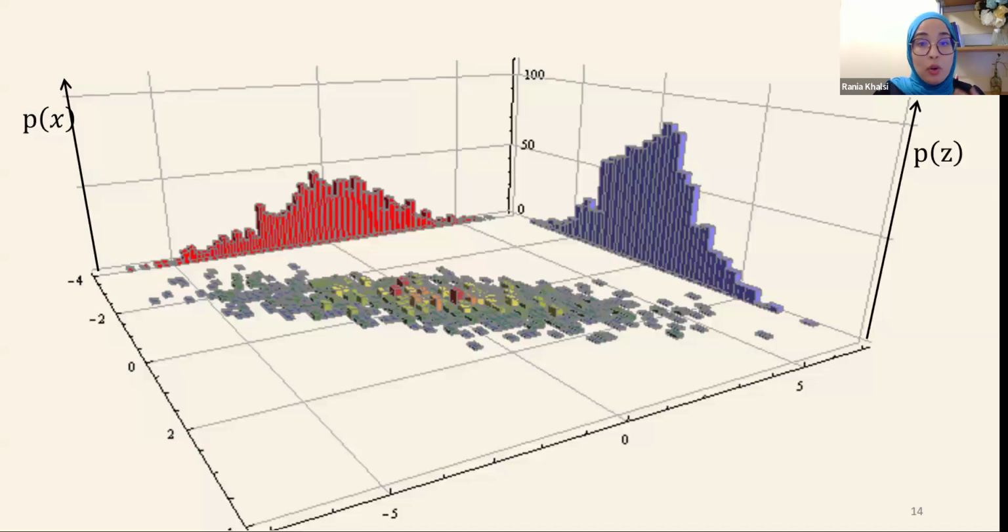Now, as before, we denote the marginal distribution of x as p of x and the marginal distribution of z as p of z. Note that these are two completely separate densities, like you see in the graph. One has one representation, the other one has a completely different representation, okay?